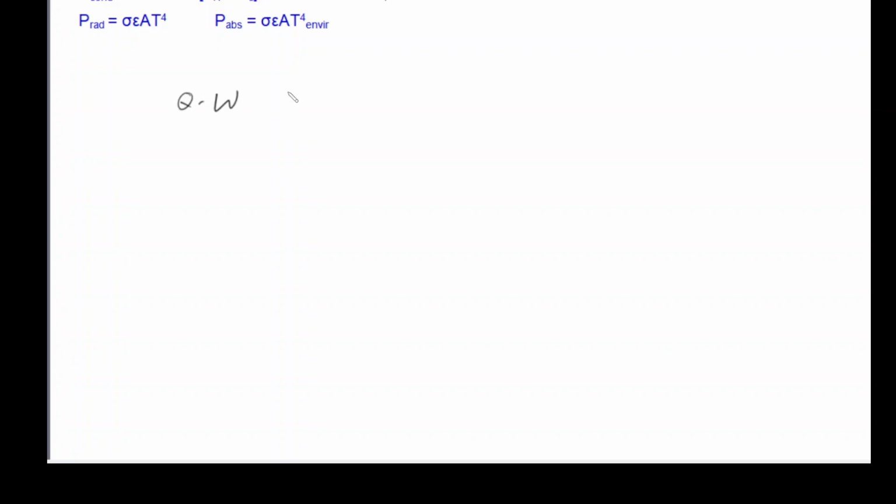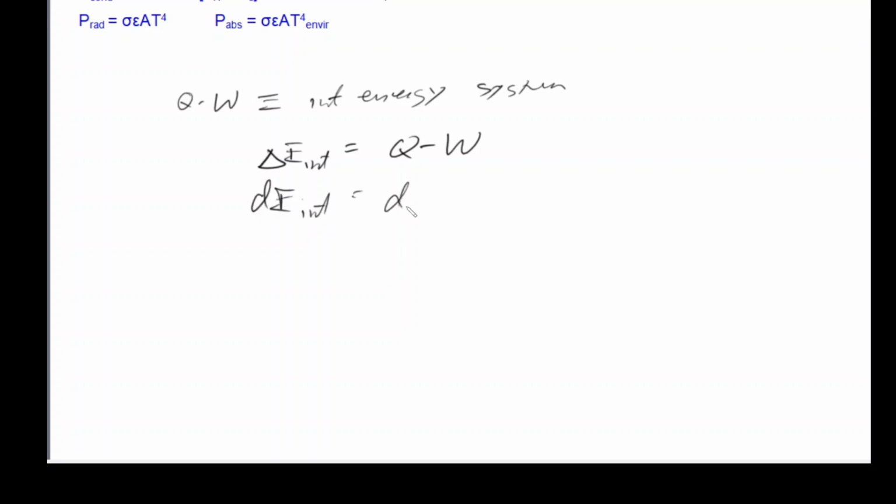So Q minus W defines the internal energy of a system such that the change in the internal energy is equal to Q minus W. And this also can be written as dE_int equals dQ minus dW.